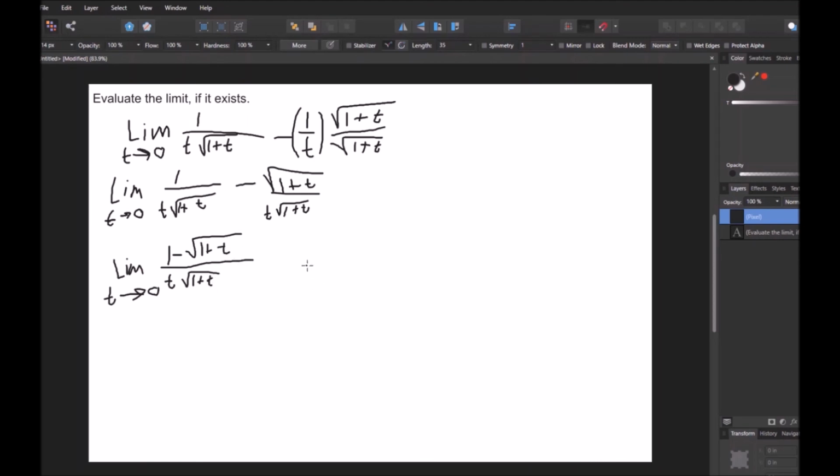So now this just looks like another multiply by the conjugate problem. So that's what I'm going to do. I'm going to multiply by 1 plus the square root of 1 plus t, and I'm going to do that in the numerator and the denominator.